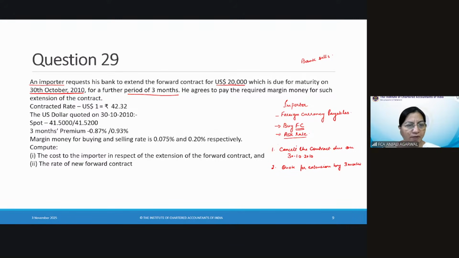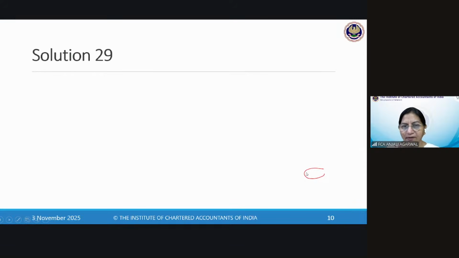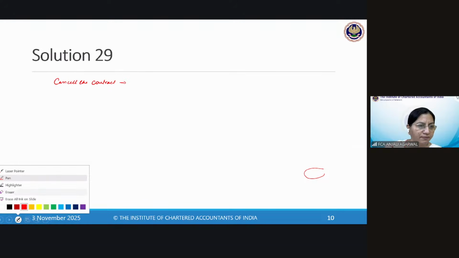Okay, 2 things are required again. One is to cancel the contract and second is to give a quote for the extension by 3 months. To cancel the contract, there is only one way: you take the opposite position.